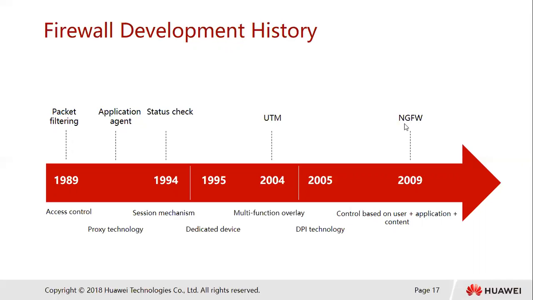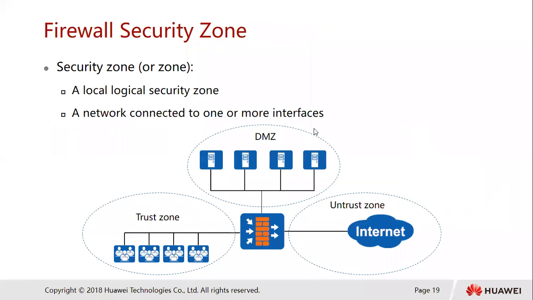That is, the firewall was now not only tracking the content, but it was able to track the user as well as the applications. So this is very, very important, and even up to date, this is what is being used. The next generation firewalls.